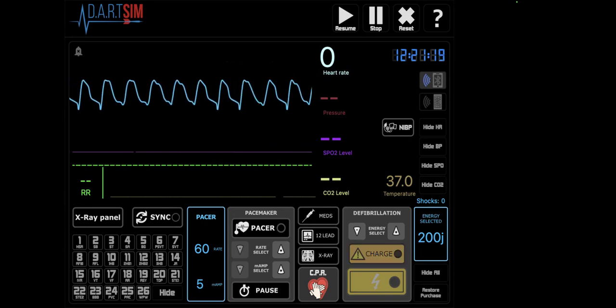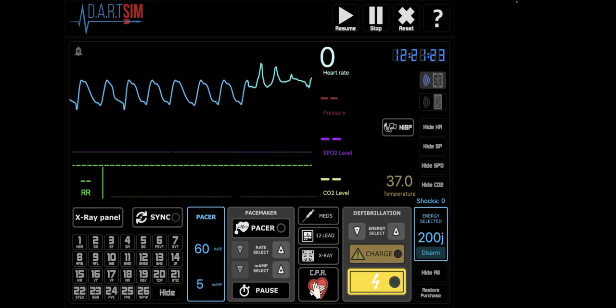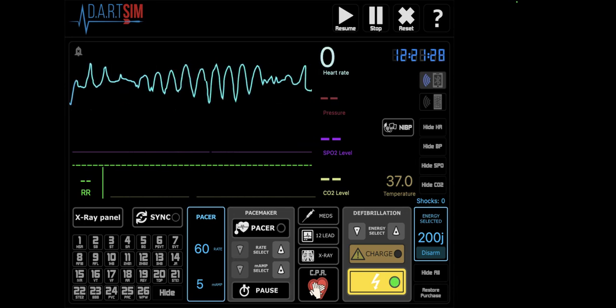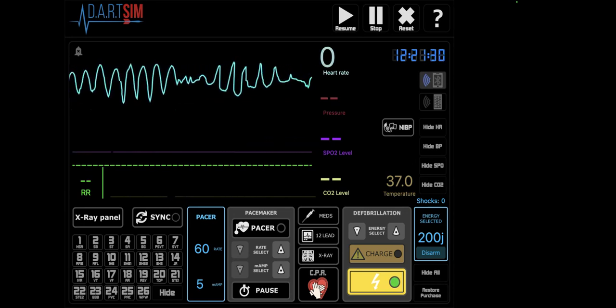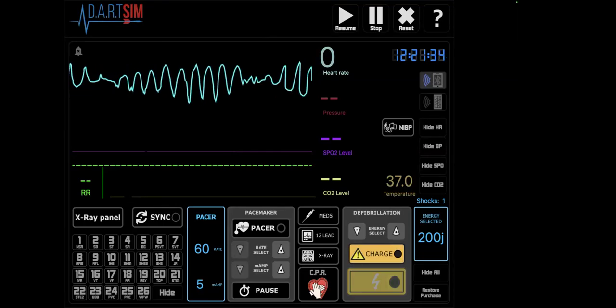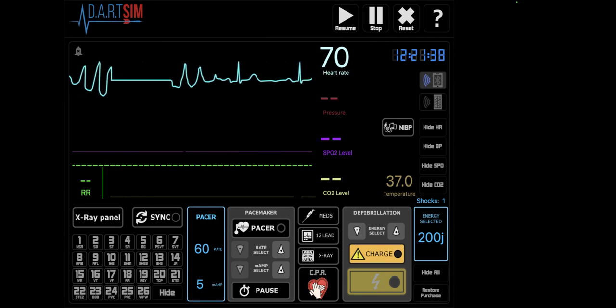We're going to hit charge. We stop doing CPR. The person delivering the shock says, I'm clear, you're clear, we're all clear. Shock delivered. And we are back to a sinus rhythm.